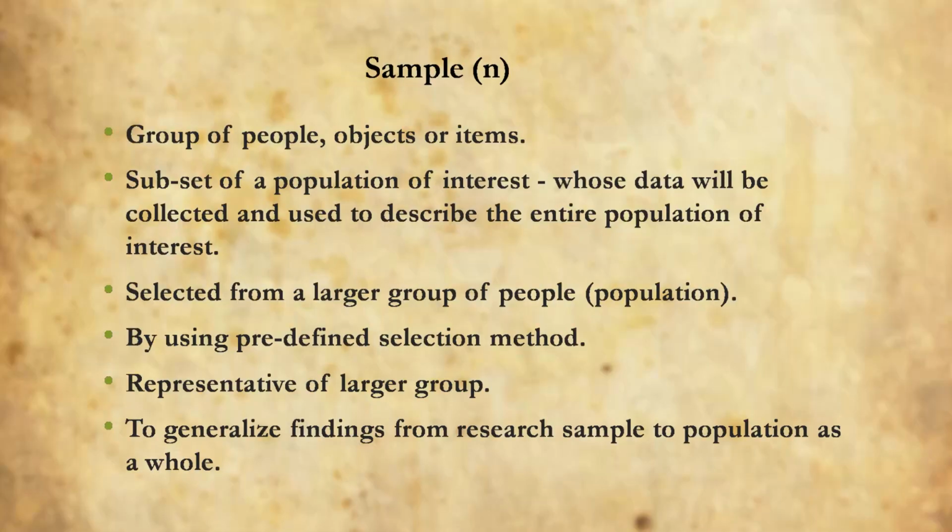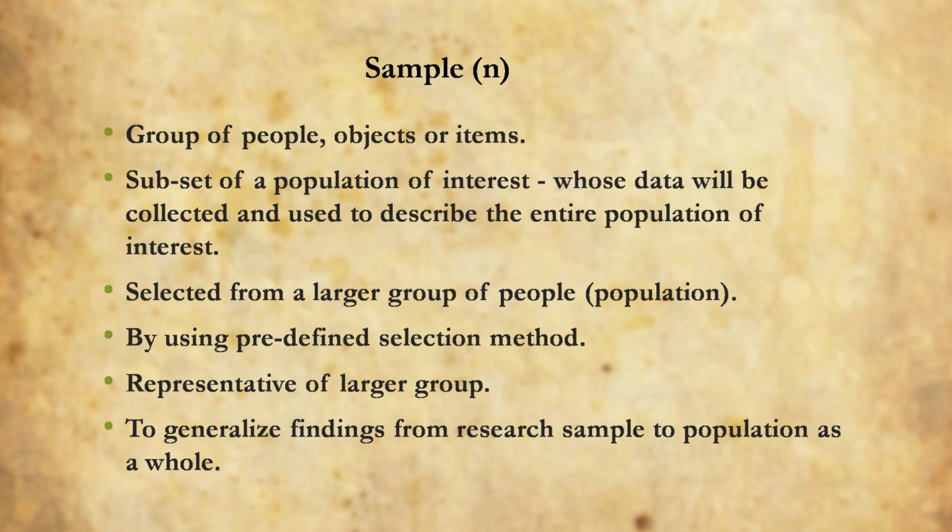Sample, which is also denoted by the small letter n, is a group of people, objects or items, or it can be said to be a subset of the population of interest whose data will be collected and used to describe the entire population of interest.